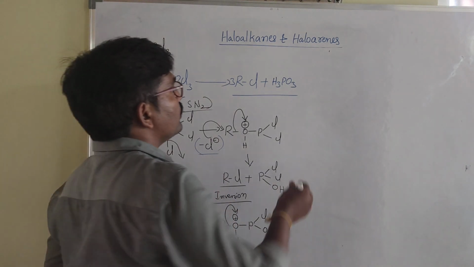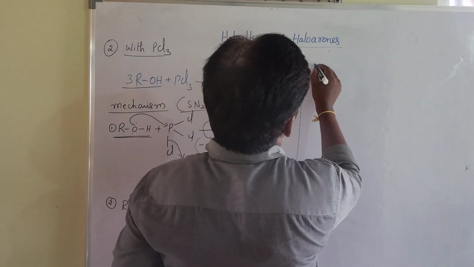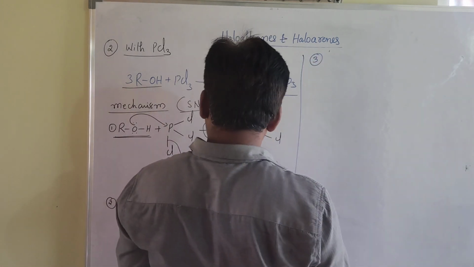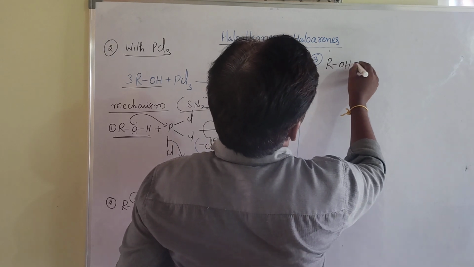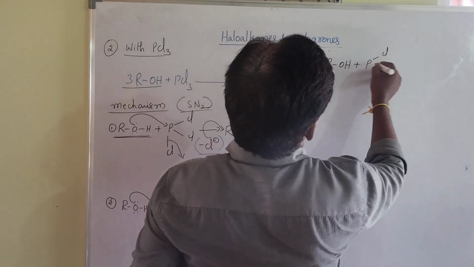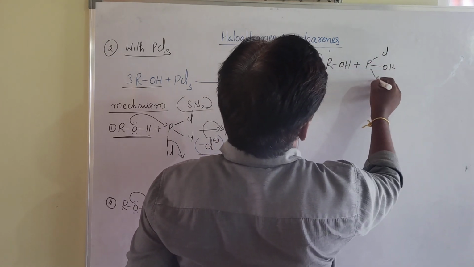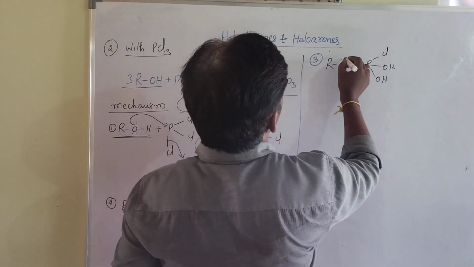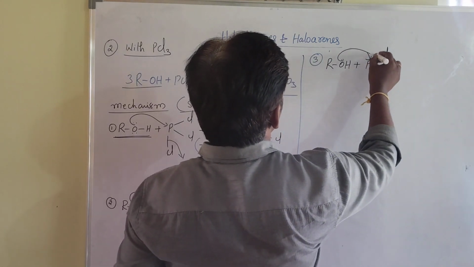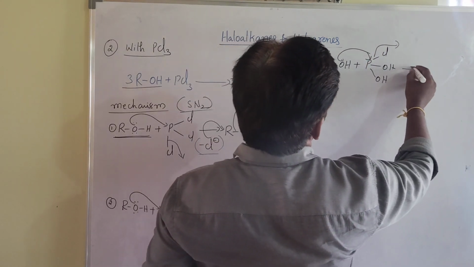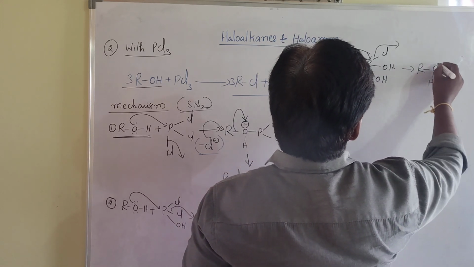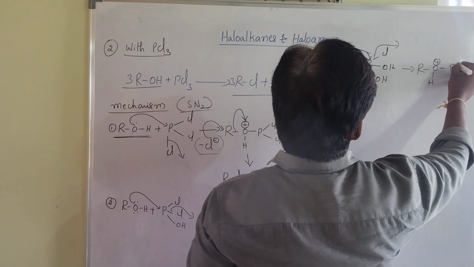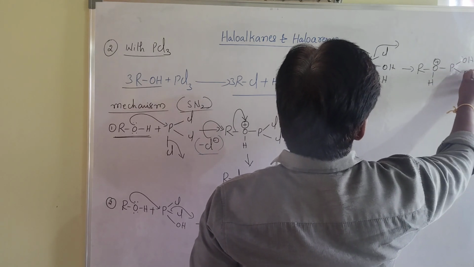Even the third molecule, if you observe, R-OH, phosphorus, chlorine atom is there, OH is there, then OH is there. Once the nucleophile attacks on the phosphorus, chlorine will escape out. Then R-OH plus, then phosphorus, OH, then OH.